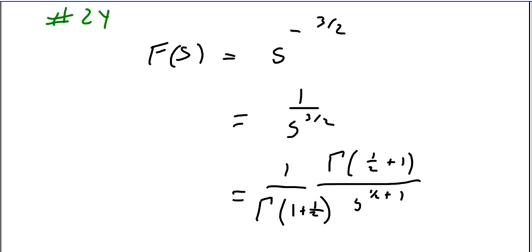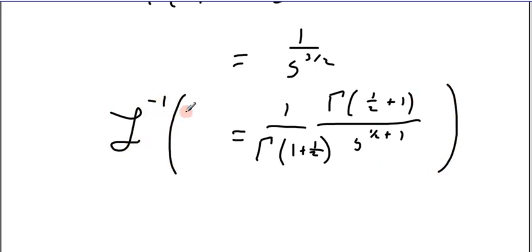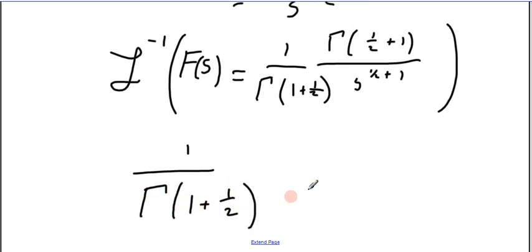Okay, so 1 over gamma function of 1 plus 1/2. That's just a number. So I do an inverse Laplace transform on F of s, and I end up with 1 over gamma function of 1 plus 1/2 times t to the what?